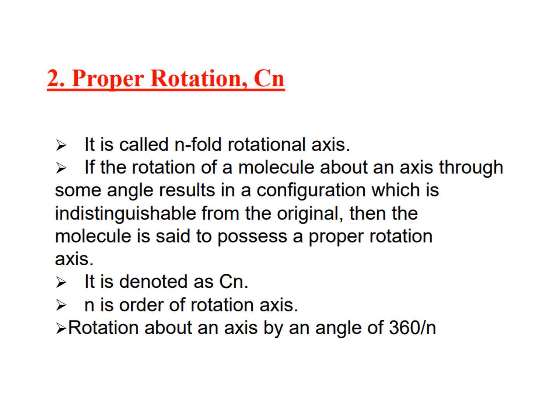Now the angle in this situation will be 90. So dividing 360 by 90, we will have an answer of 4. So the molecule is said to possess a proper rotation axis of C4, because during the rotation 4 molecules move and a total of 360 degrees will be observable.